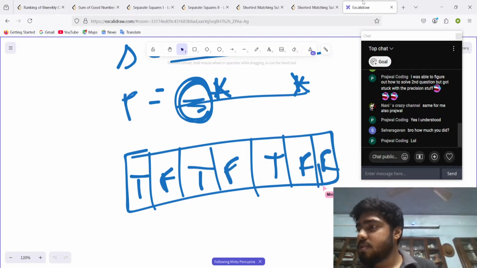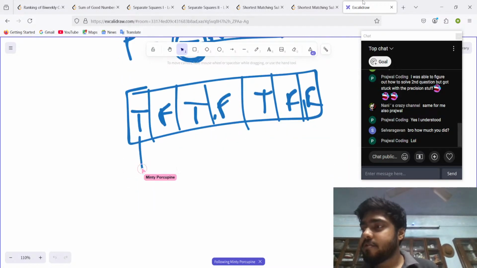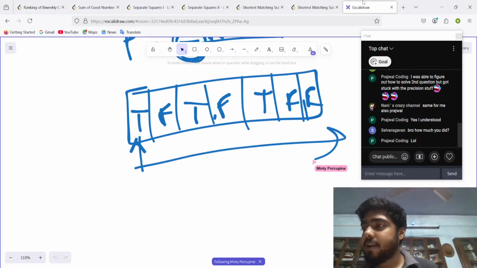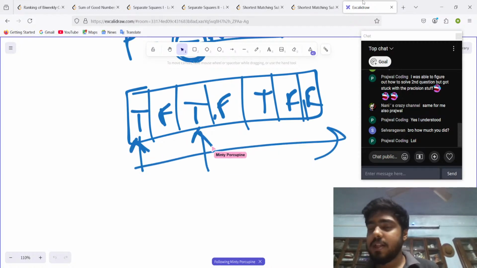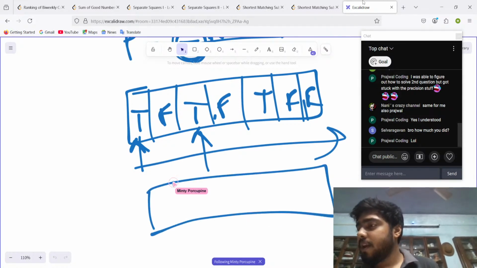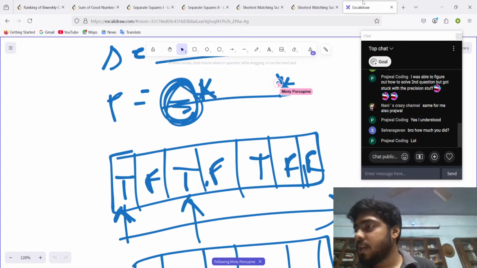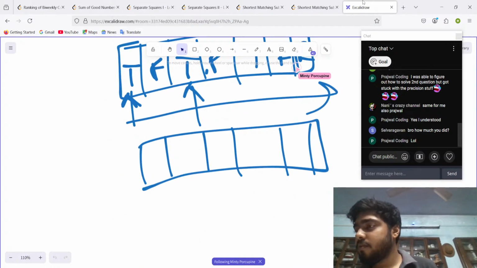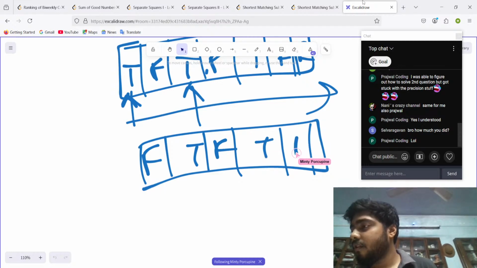Now, whenever we traverse through it and find a true, we can simply say that this is the last position that it has occurred. And we are also going to have a different array where instead of this we consider this, with some false, true, false, true, false, false, somewhat like that.